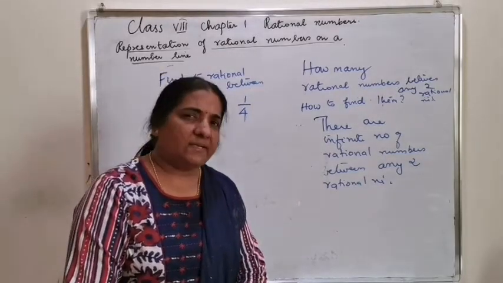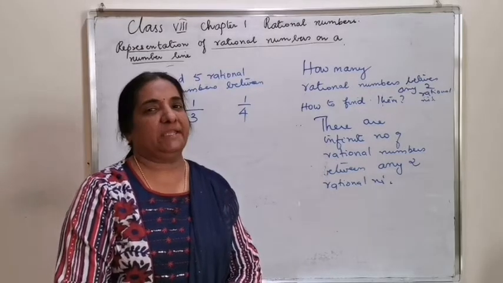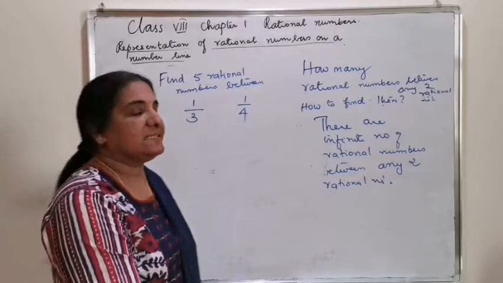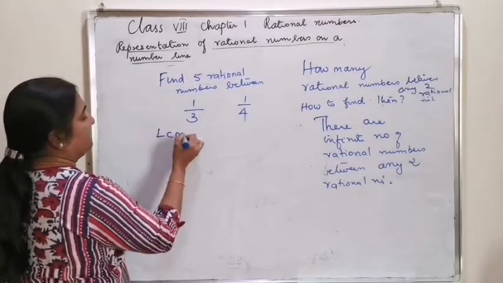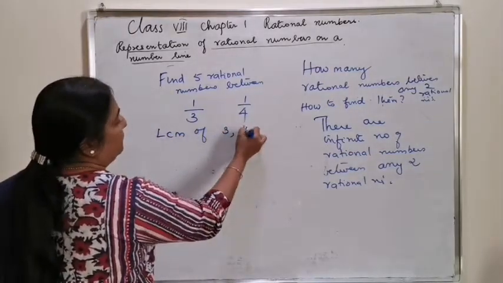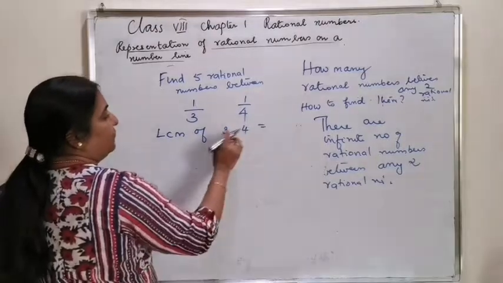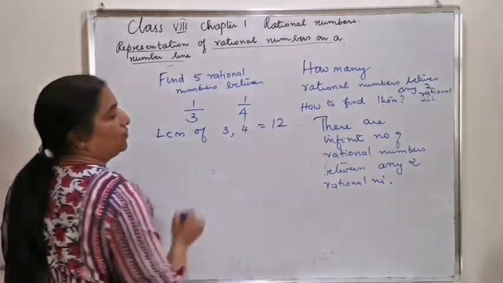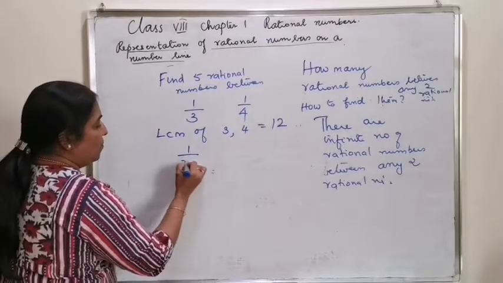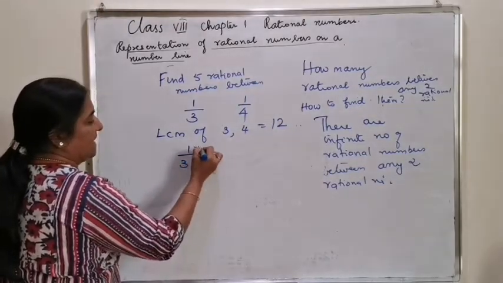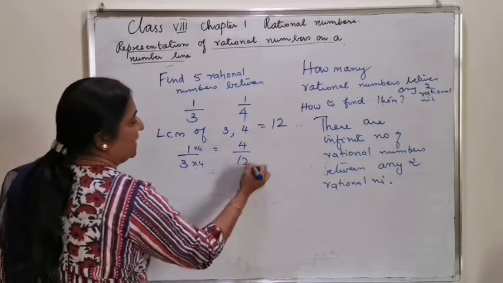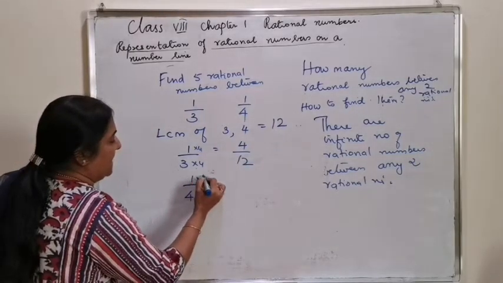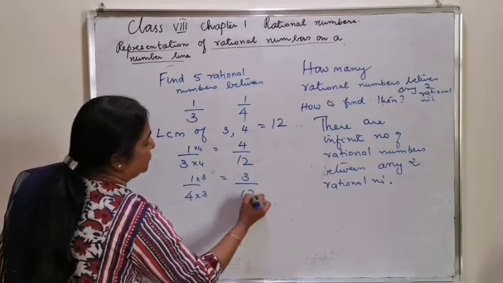The method of making the denominators the same is to find the LCM of 3 and 4. 3 and 4 do not have a common factor. The LCM of 3 and 4 is 12. That is, 1 by 3 is the same as 4 by 12, and 1 by 4 is the same as 3 by 12.